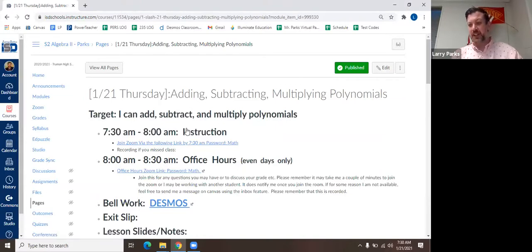Like we should have done this first. So this is probably going to be easier because we did factoring, and factoring is reverse multiplication. So we've already multiplied. And then adding and subtracting, I'm sure you've done in previous math classes. So today's going to be a very easy day.